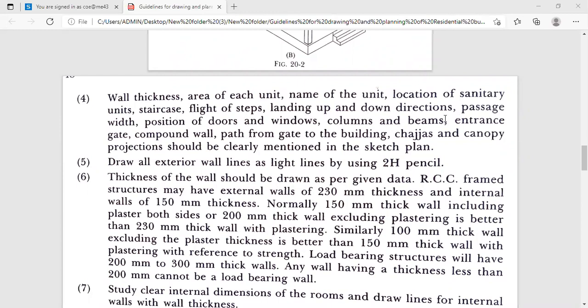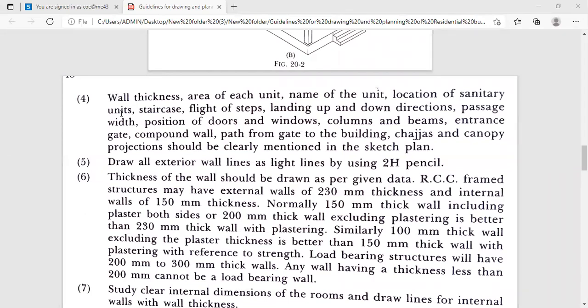Then whatever passages you are going to provide for access to the various units of a building, whatever width is there, that width also you have to mention. Then the position of doors and windows also you have to show in a sketch plan.